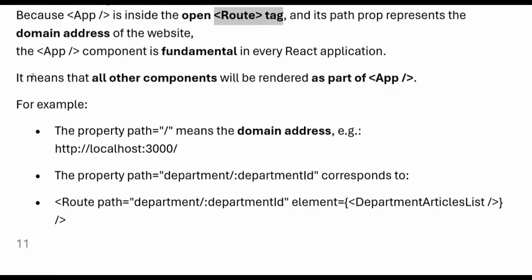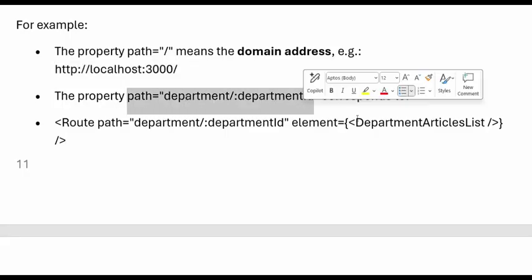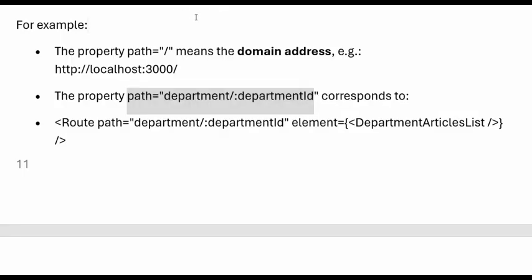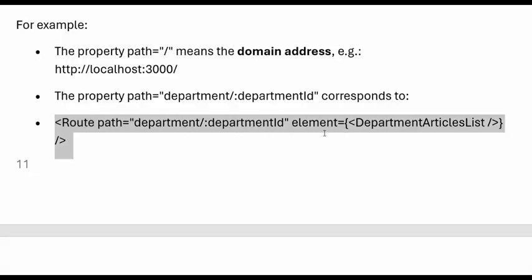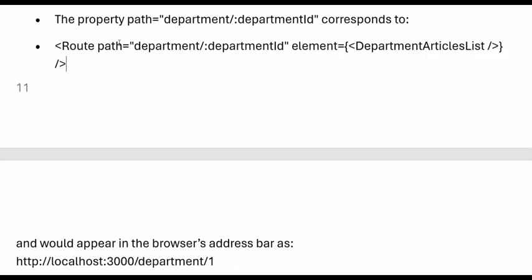For example, the property path equals slash means the domain address, for example this one in our example. The property path, for example, this one, components, the property to, here, path departments in this root element.